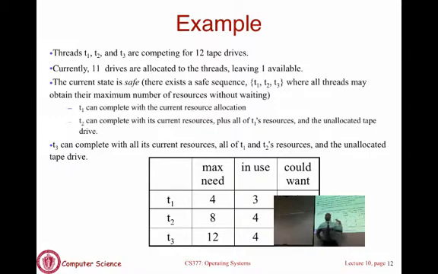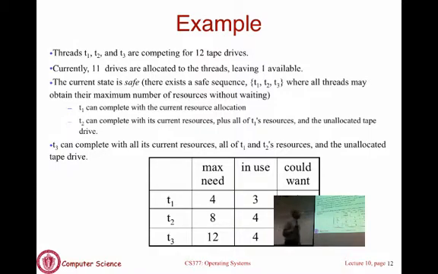So now it has maxed out its requirements, so it has all the resources it needs to make progress. It cannot ask for any more, so it is going to run to completion without asking for any more locks. Once it runs to completion, it's going to release all 4 of its tape drives that it held. Those 4 could then be granted to T2 because it has asked for 4 more.